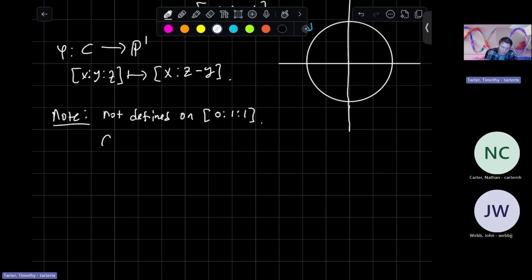But if we have a point R lying on the circle, then phi of R maps to the line PR.